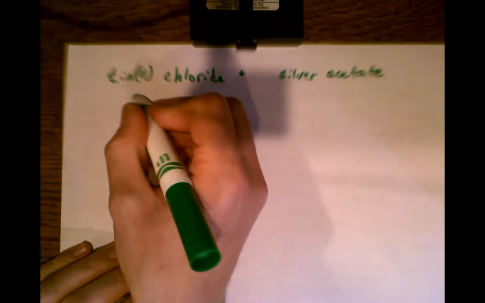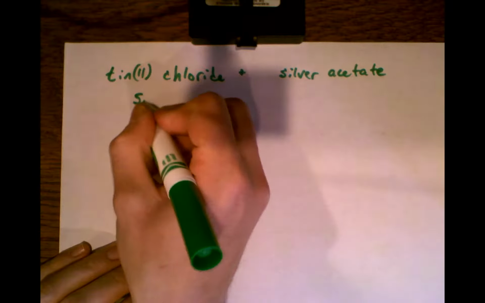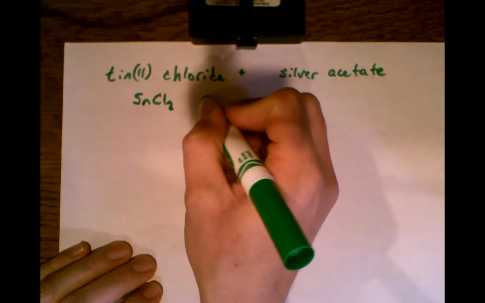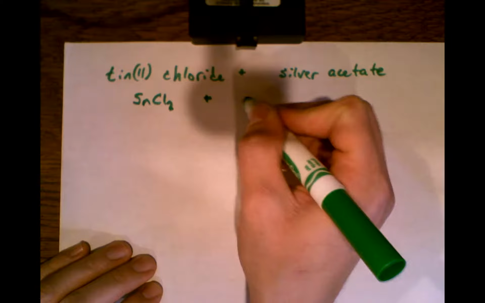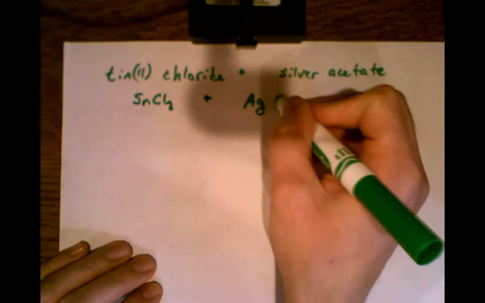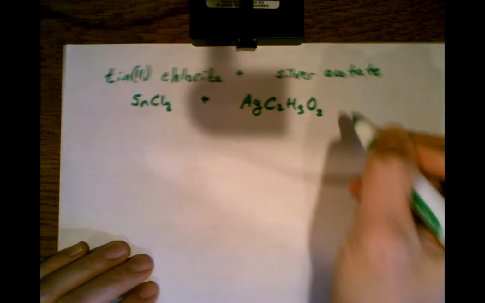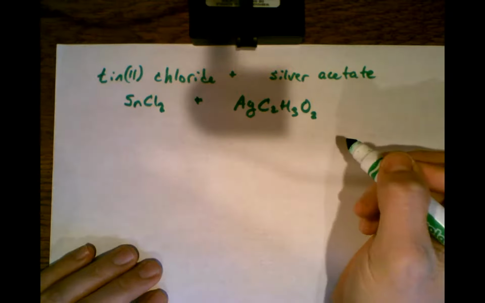Tin(II) chloride is SnCl2, and I'm reacting that with silver acetate, which is Ag, and then acetate is C2H3O2.